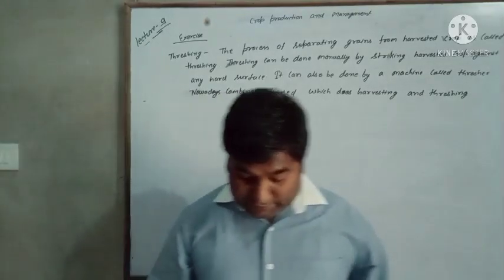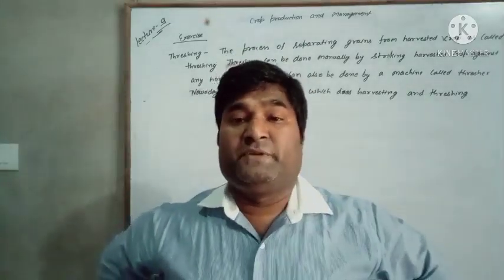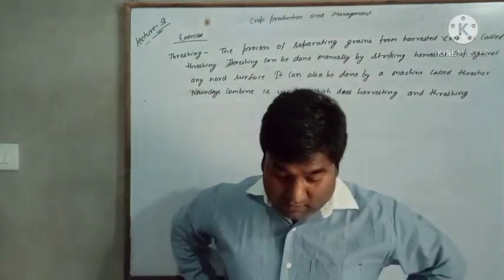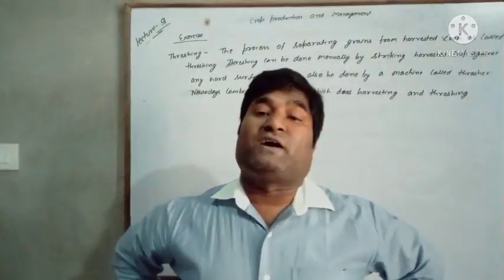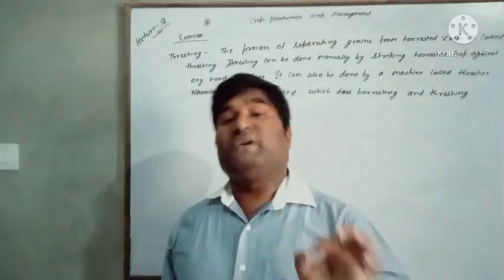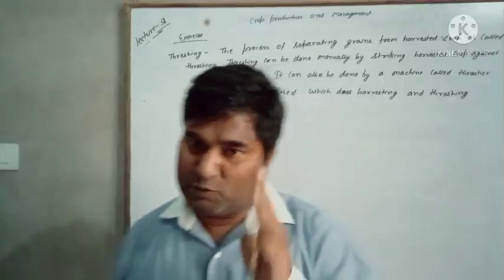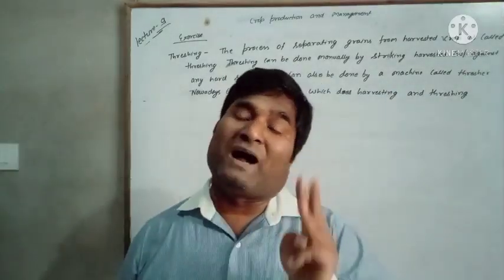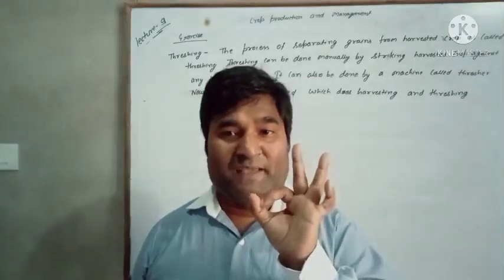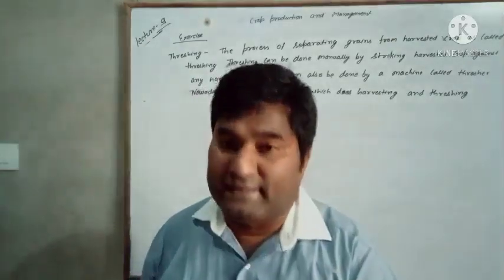Next question is, explain how fertilizer is different from manure. The difference between fertilizer and manure I have already provided, so I am not going to write it again. What is irrigation? Providing water to the plant is called irrigation. Providing water to the crops according to the type of soil, type of crop and season is called irrigation.